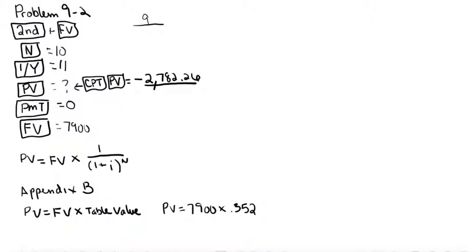When I multiply 7,900 times 0.352, I get 2,780.80.